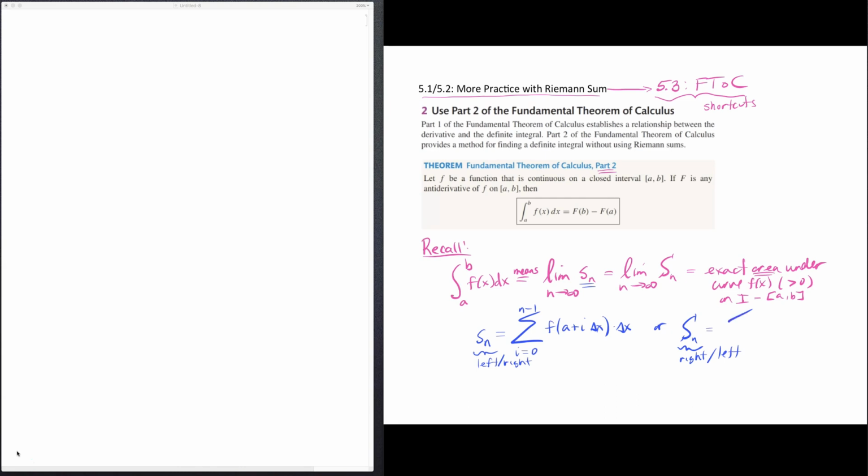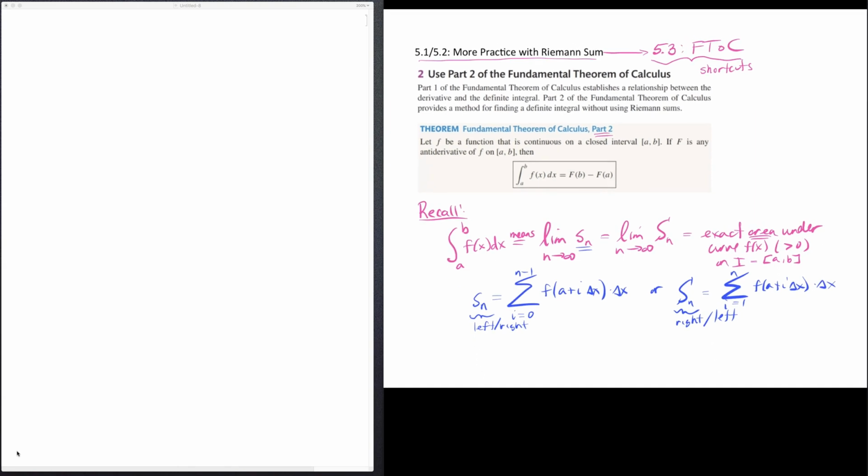That this will also be a sum, i going from 1 to n, f of a plus i delta x times delta x.